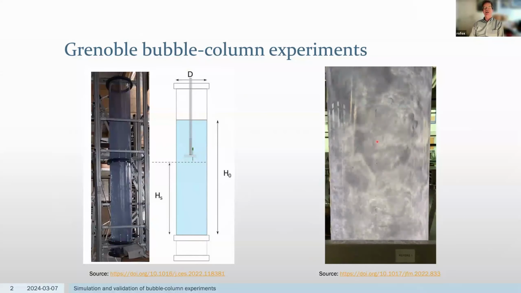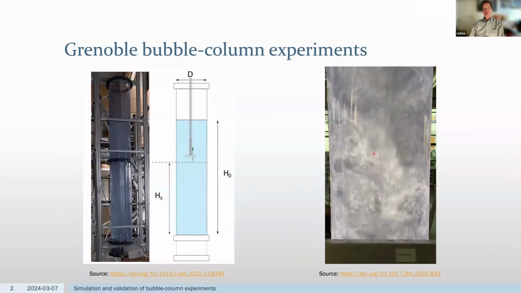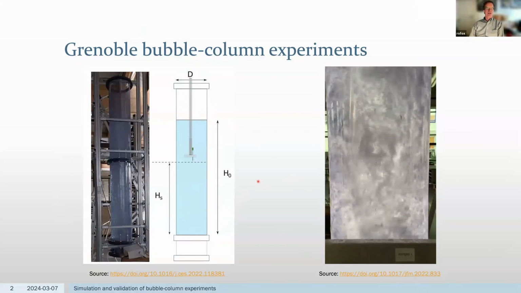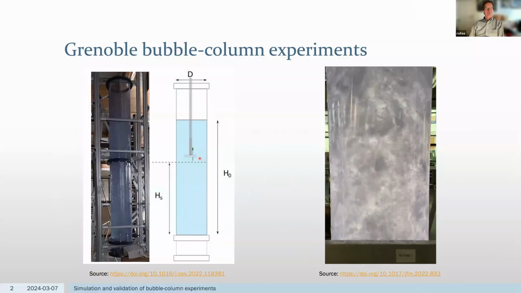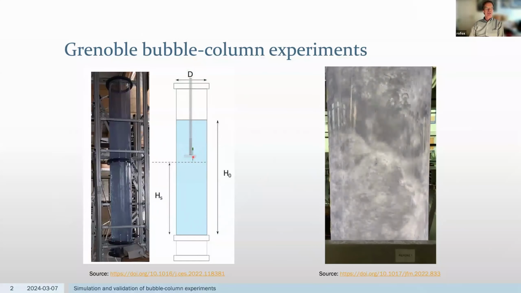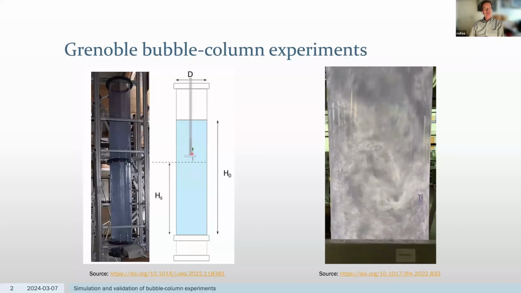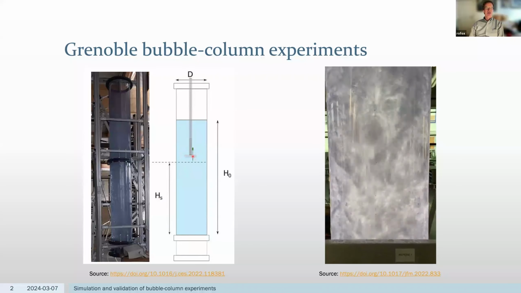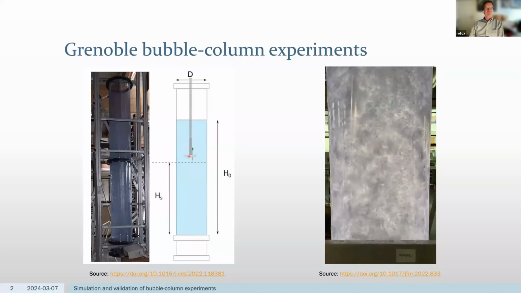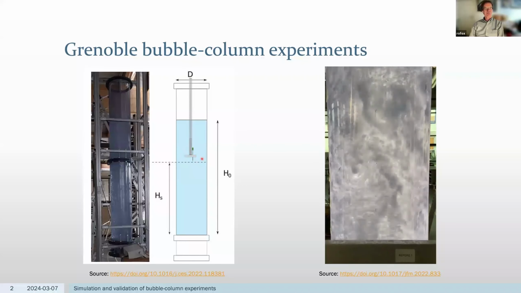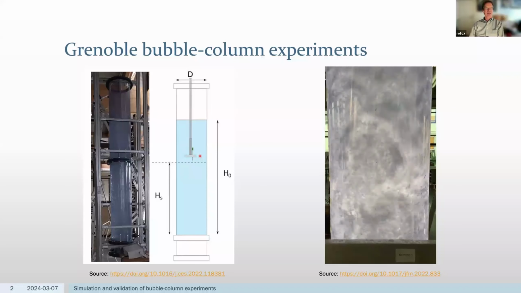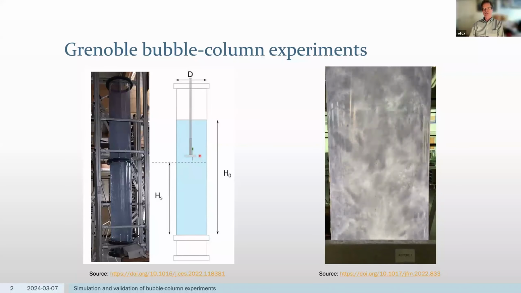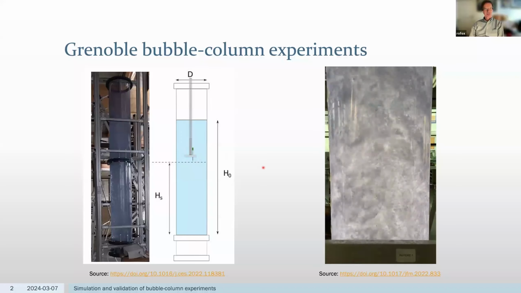You can see it's very dynamic, with upflow of the bubbles and downflow at the walls, and very turbulent. The probe that they used is located at the height HS. I think you'll see it later, and they're able to measure bubble velocity statistics, bubble volume fraction statistics, and also liquid velocity statistics. So we compare the same thing for the simulation code.